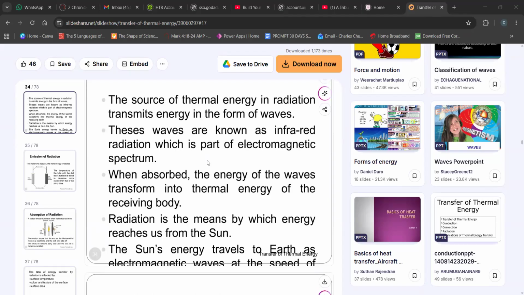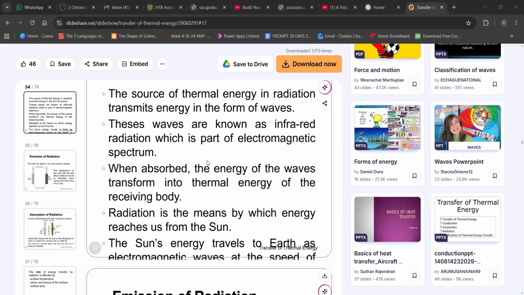So the source of thermal energy in radiation, and the sun's energy one. Did you also include radiation is the means by which energy reaches us from the sun? Yeah, that's the last four.